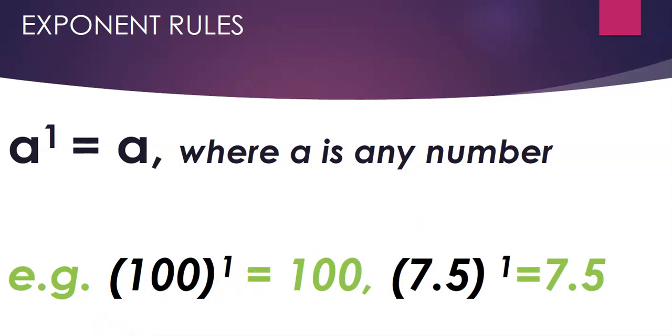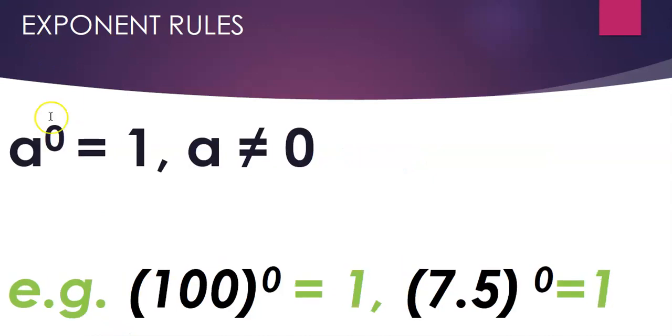Simple enough. Next up is any number except 0 when raised to the power of 0 equals 1. So 100 to the power of 0 is 1. Any non-zero number raised to the power 0 equals 1. Please note this, it's very important.